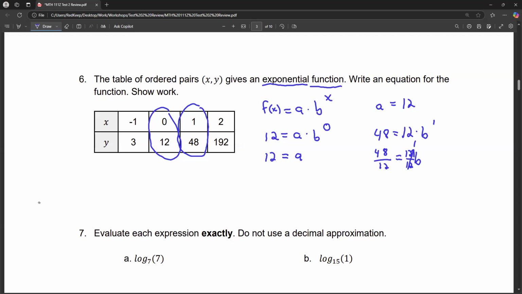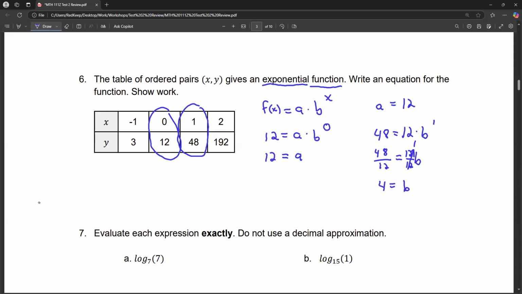Okay, and so let me see, what is 48 divided by 12? If you grab your calculator, what is that going to be equal to? 4? There are 4 12s in 48. And so that's what our b value is equal to, because we said 12 over 12 is equal to 1. We're just left with our b value on this one side. Let me make sure that's not looking like a 6.